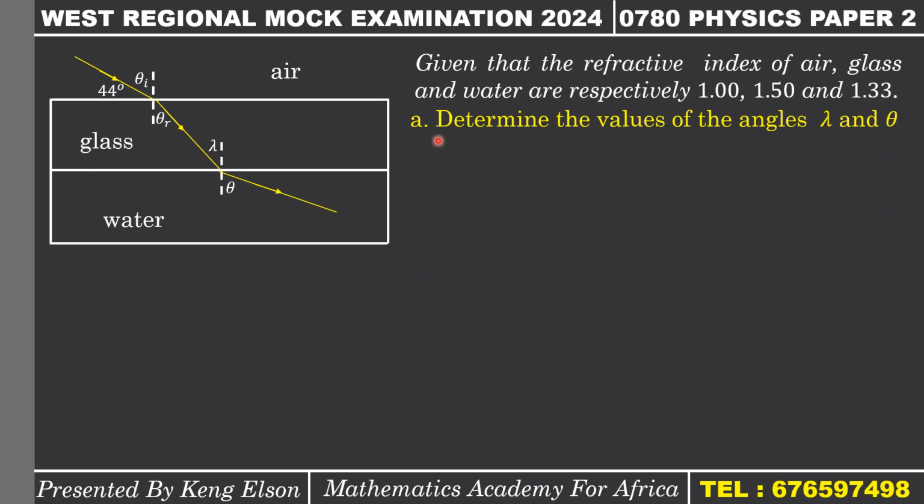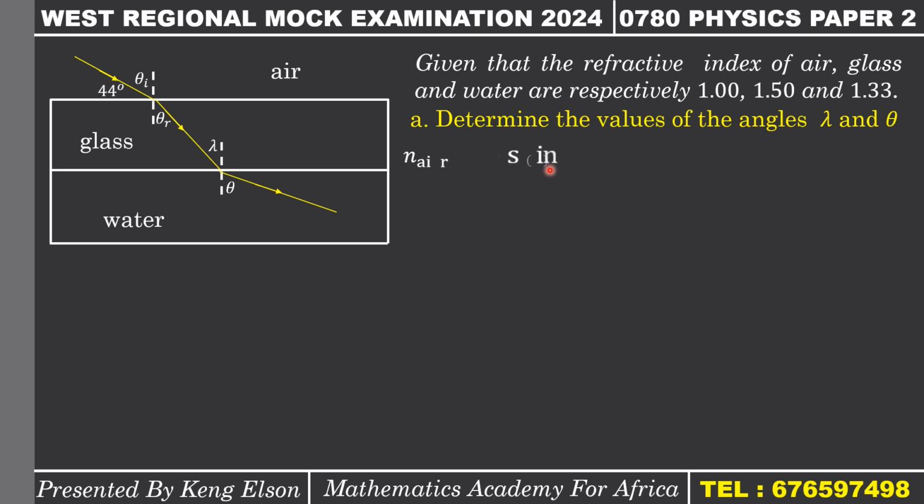Okay, so the first part of the question, we need to determine the values of the angles lambda and theta. So let's start by analyzing the air to glass relationship. So we are going to use Snell's law, and Snell's law says that the refractive index of the medium times the sine of the angle of incidence is equal to the refractive index of the next medium times the sine of the angle of refraction in that next medium.